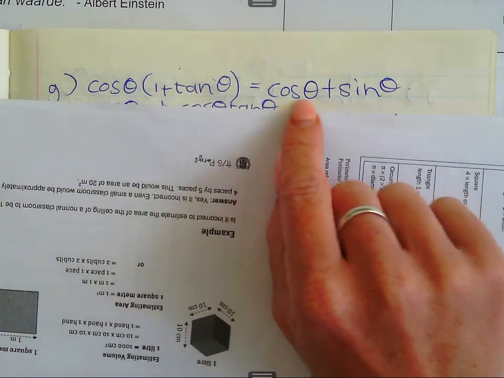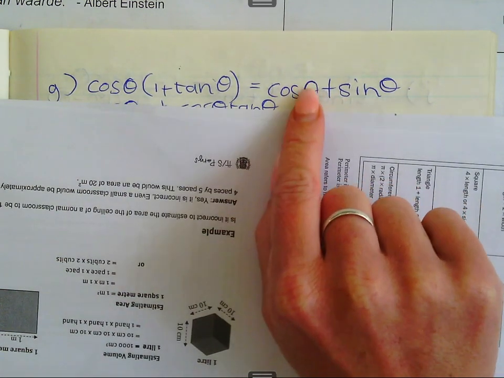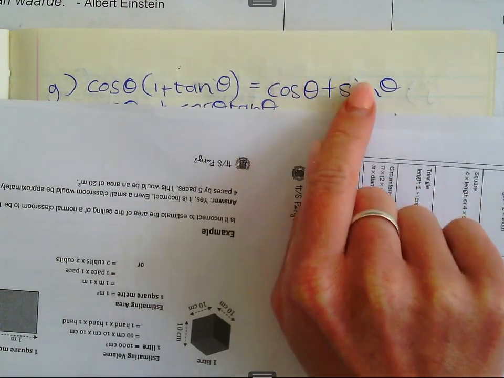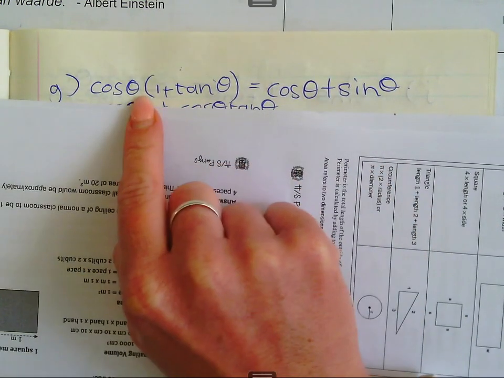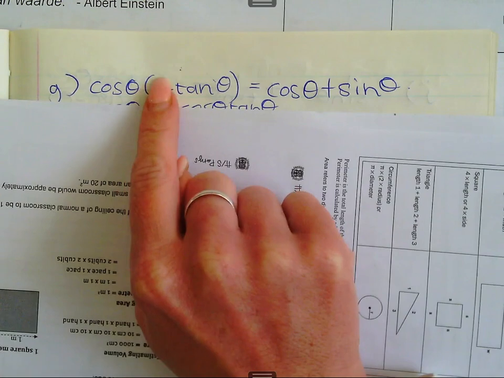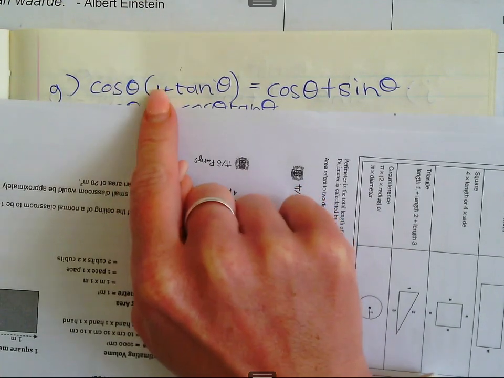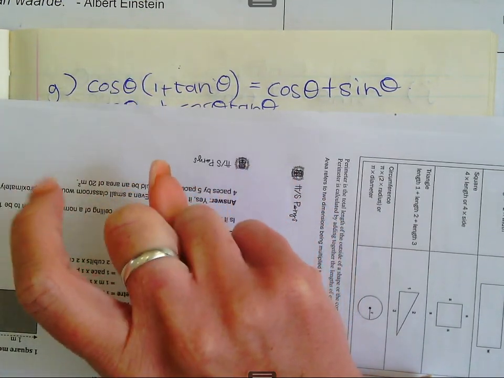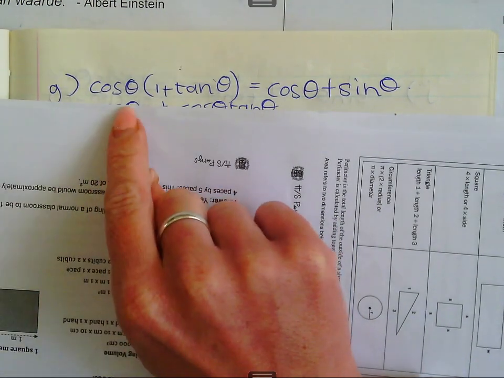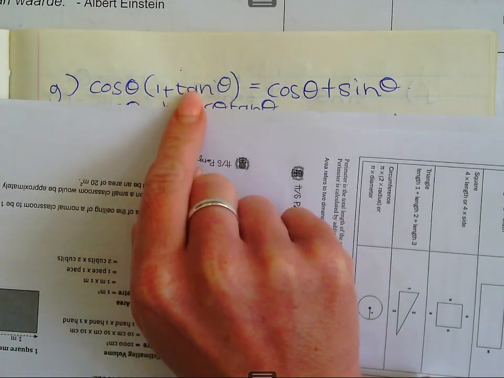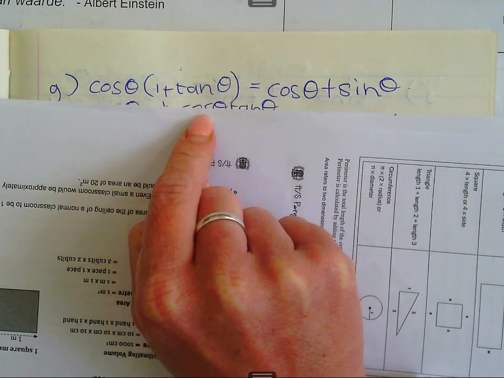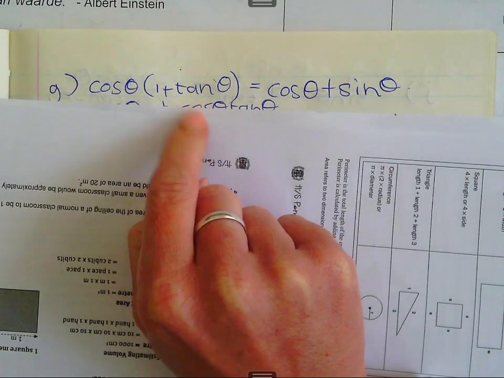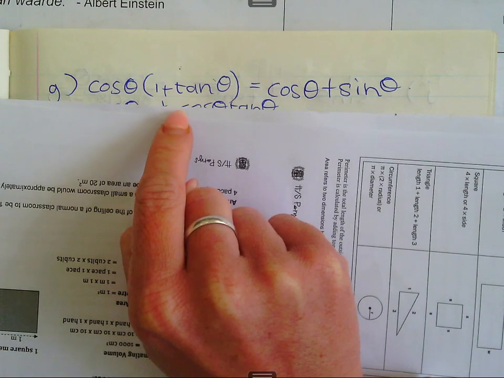If I look at this answer here, I see that I've got two terms in my answer, where this one is one term. Because when I look at this one, I also see that there are two things that I can do right now. I can either use the distributive law, or I can use tan as sin over cos. Two different steps that I can start with.